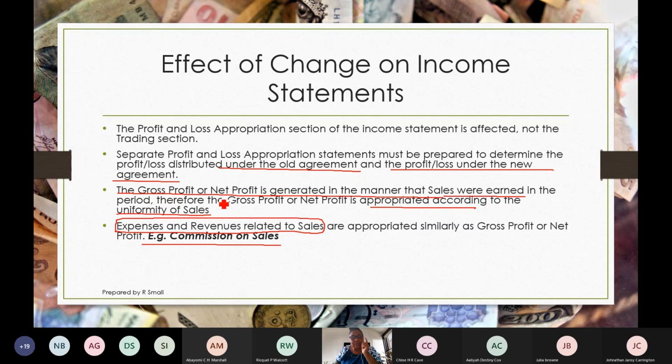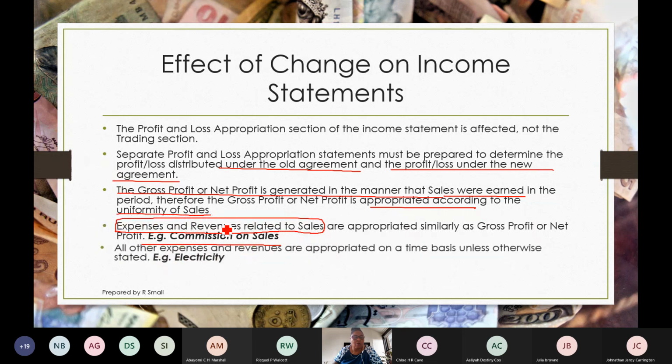However, your gross profit and net profit was appropriated, you have to share. When they say appropriated, they mean share. However you share the gross and the net profit with the agreements, you have to share the expense and the revenue that relate to sales in the same manner. That's what they're saying there. Okay, so that's the point to note, and we're going to reiterate that point when we do the questions.